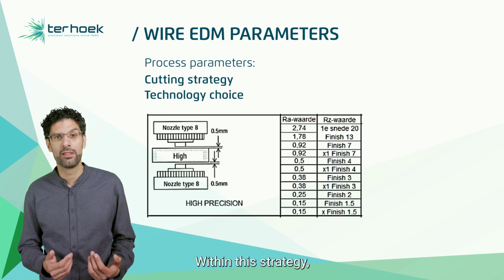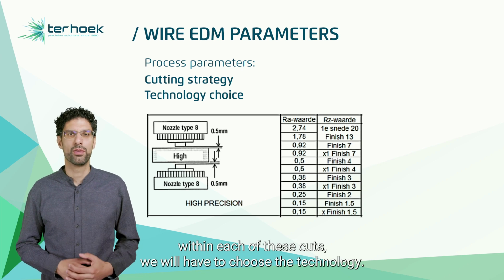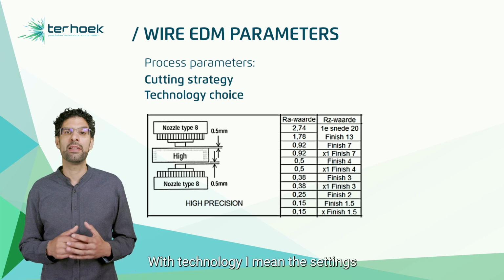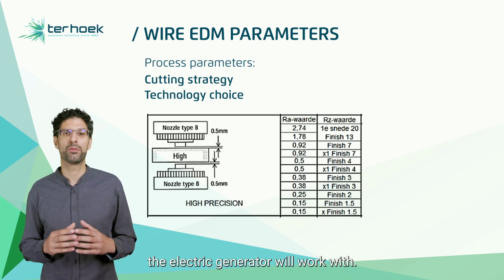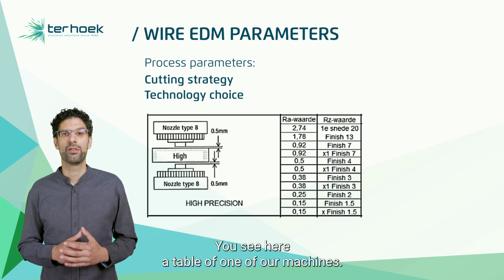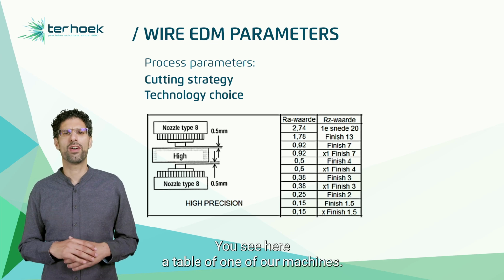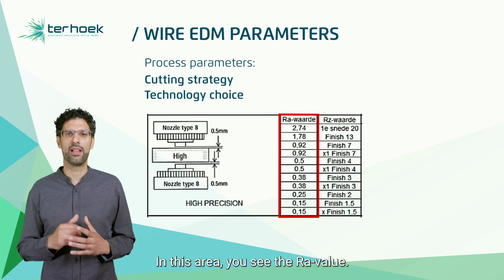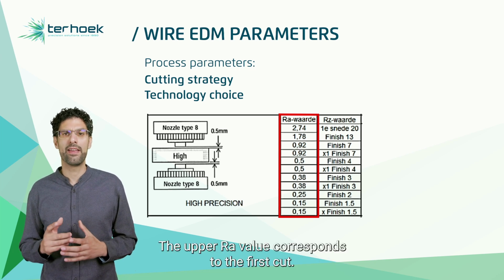Within this strategy, within each of these cuts, we will have to choose the technology. With technology, I mean the settings the electric generator will work with. You see here a table of one of our machines. In this area, you see the RA value. The upper RA value corresponds to the first cut.